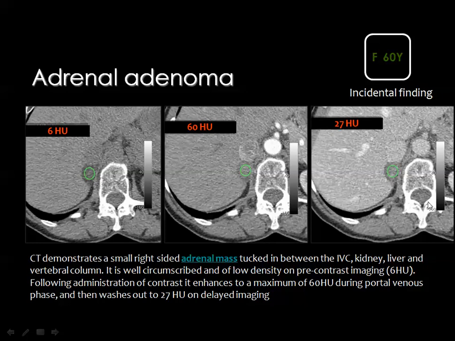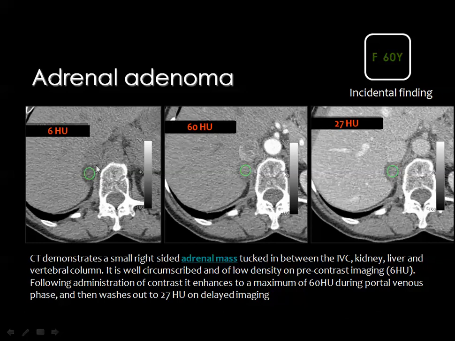And in the delayed 10-minute scan, it is 27 Hounsfield unit. Then if you see in the delayed scan, there is decreased enhancement or washout of contrast by more than 60%, then this is the diagnostic sign of a lipid-rich adenoma.